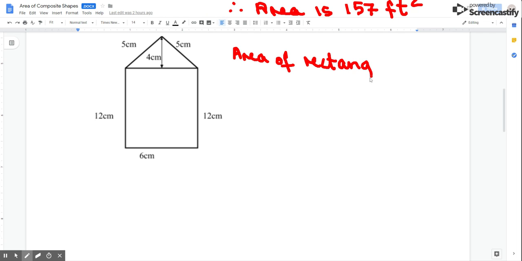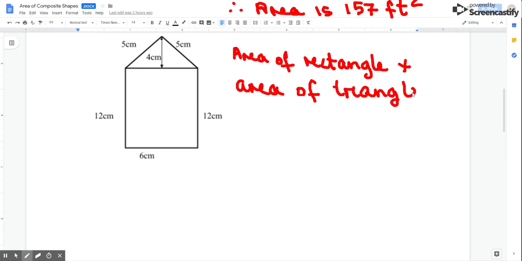That means two shapes combined. We're going to find the area of the rectangle and add it to the area of the triangle. And that's equal to our total area.